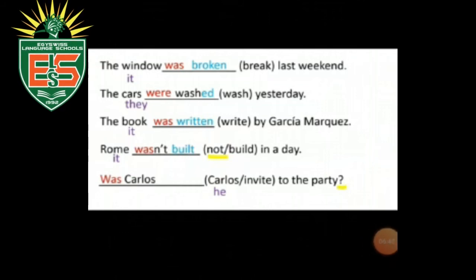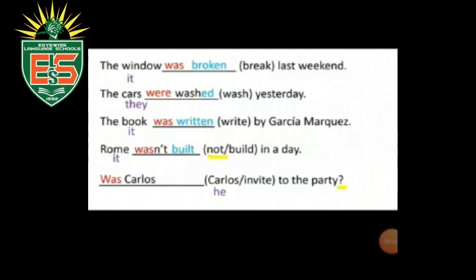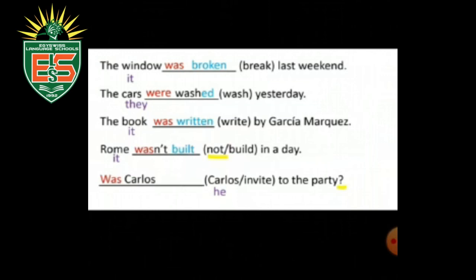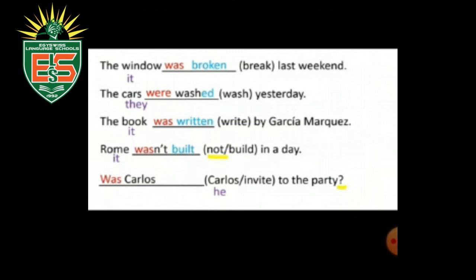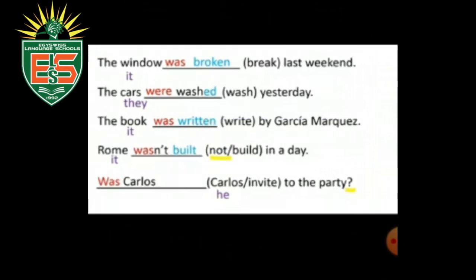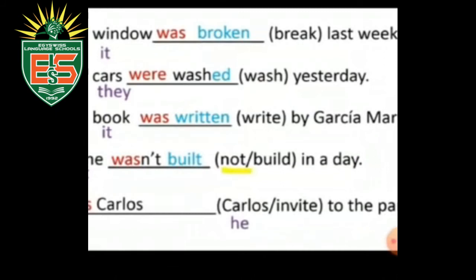Here we have another exercise. The first sentence, the window break last weekend, and he wanted you to put it in the passive voice. So the window here is it. It takes was, so it's going to be the window was. The window was break, in the past participle, broken. Excellent.